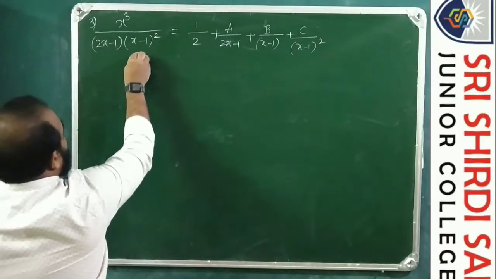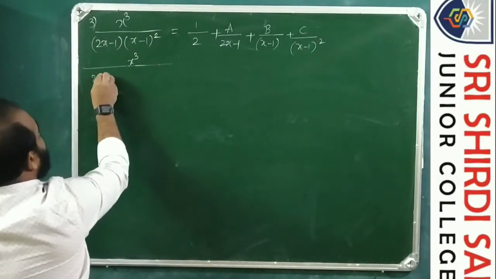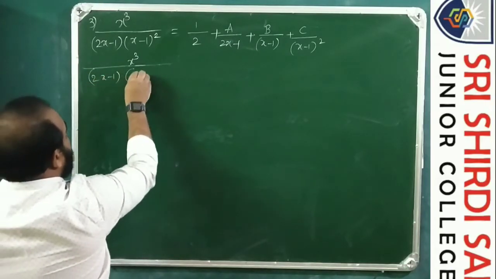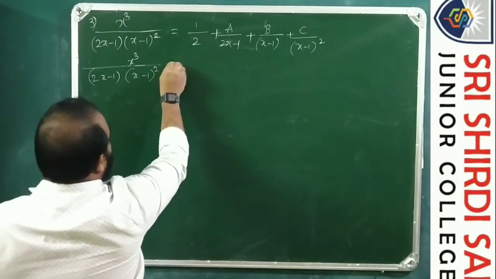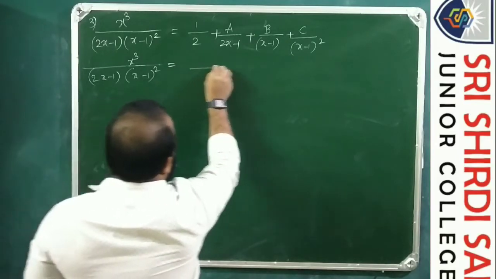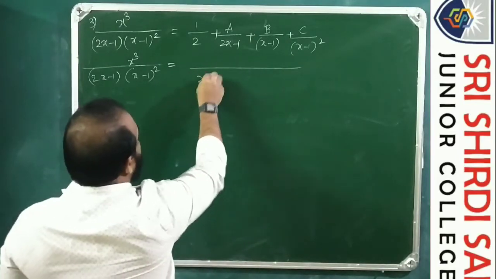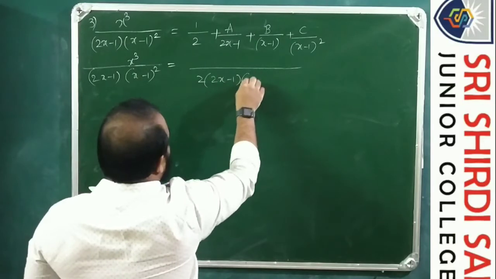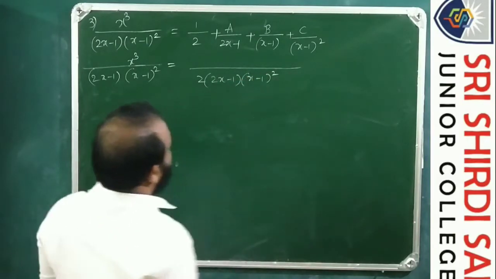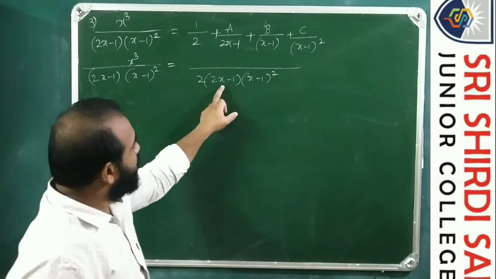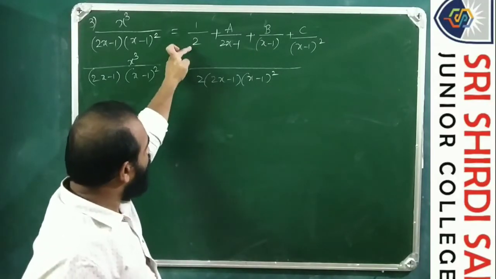x cube by 2x minus 1 into x minus 1 whole square is equals to, so the LCM here is 2 into 2x minus 1 into x minus 1 whole square. So 2 into 2x minus 1 into x minus 1 whole square by 2 gets cancelled.